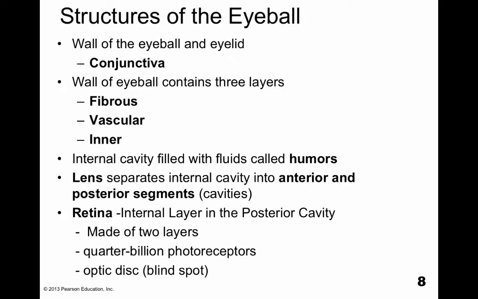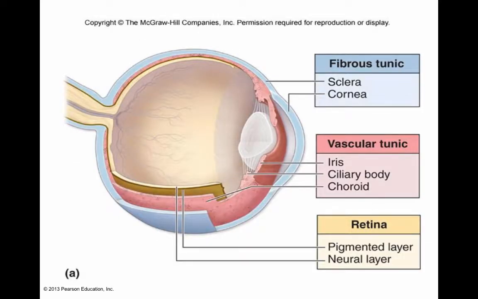This is the internal layer of the posterior cavity, and this is going to be made up of a couple layers, and it's going to have 250 million photoreceptors and this thing called a blind spot. So let's go through and talk about the different layers first.